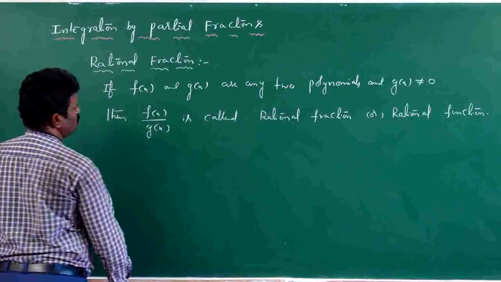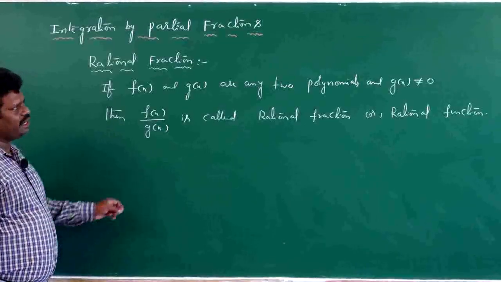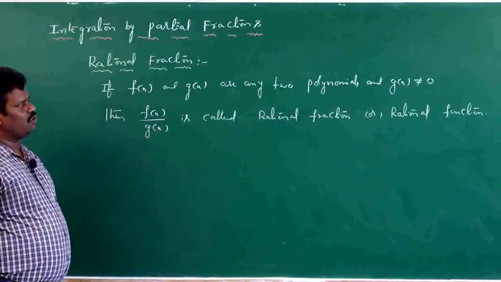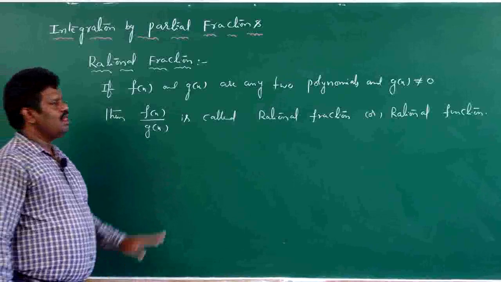If f of x and g of x are any two polynomials and g of x is not equal to 0, then f of x by g of x is called a rational fraction or rational function.